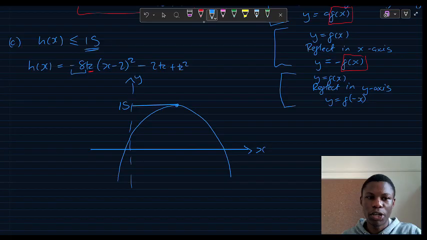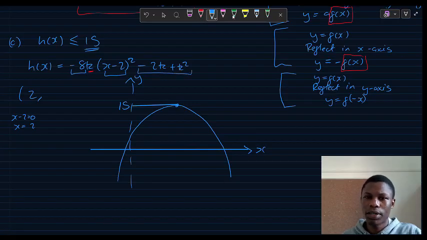And from my completed square form of h of x, I know that my coordinates of the turning point are going to be, when is this bracket equal to 0? So x minus 2 is 0, x is 2. And I know that my y value is going to come from that part.